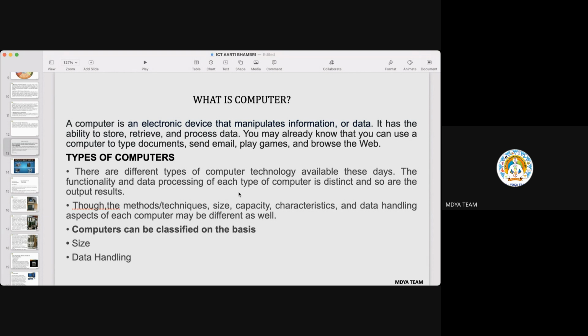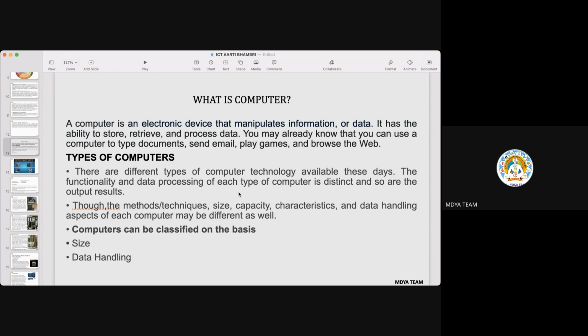So it should be very specific and well defined. The specific instructions should be given, so then only it can execute the list of instructions and give the output you want.